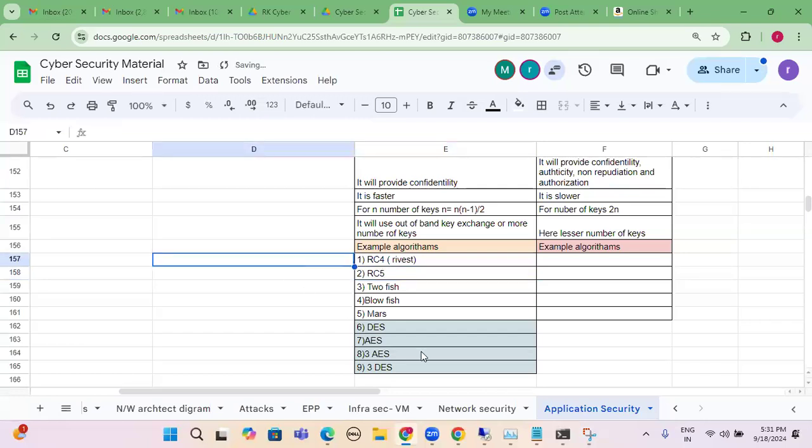Example, TLS 1.0, TLS 1.1. These are outdated or legacy. Even SSL 1.0, SSL 2.0, SSL 3.0 are outdated legacy. Nowadays, whatever HTTPS certificates we are using, SSL is no more.